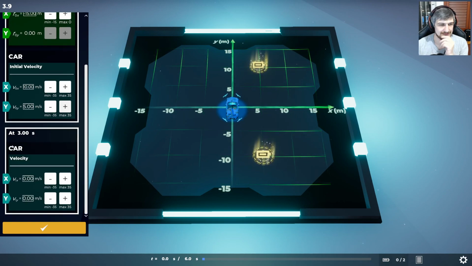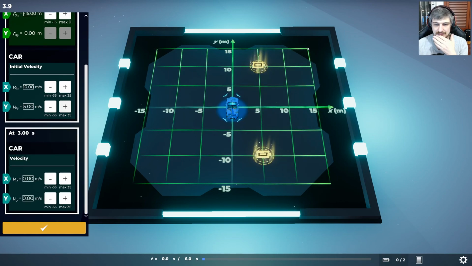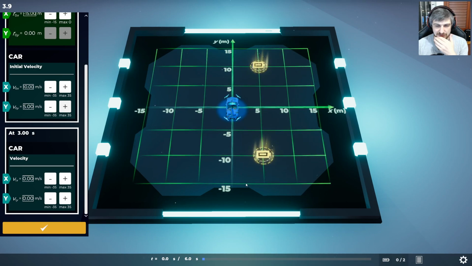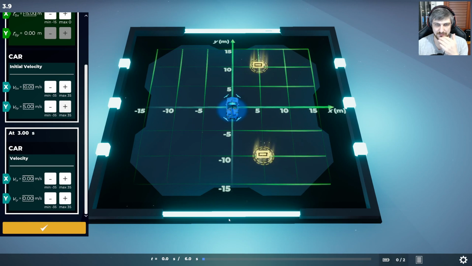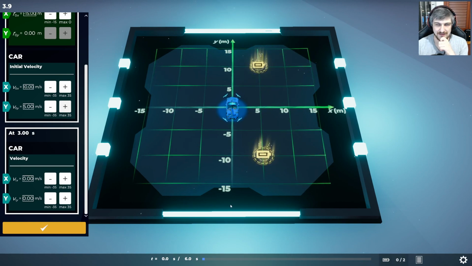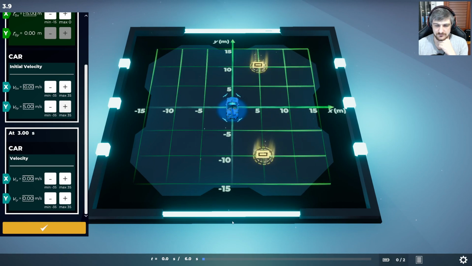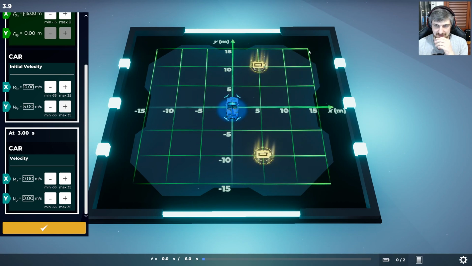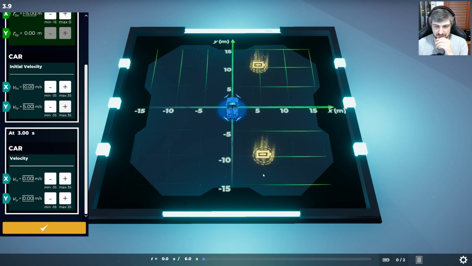We're going to be here. Then at 3 seconds, we want to move down to like here. This is awkward. So that'd be going to minus 20 from plus 15, which means it would go like this, and that wouldn't make sense.